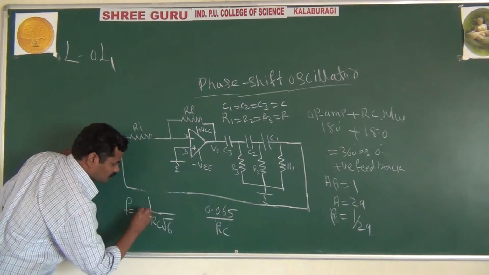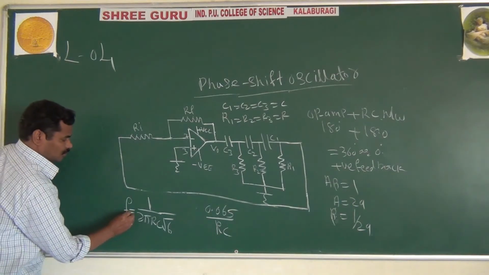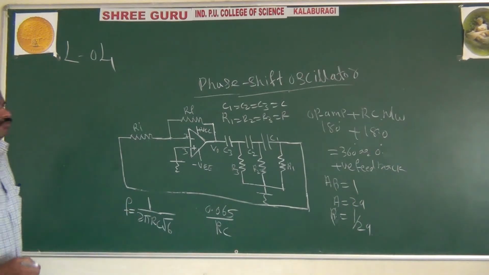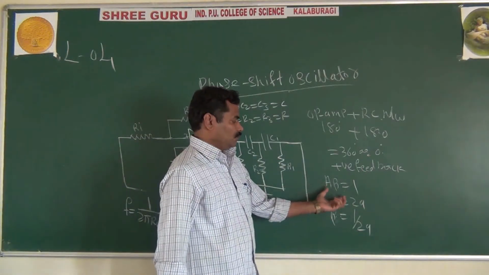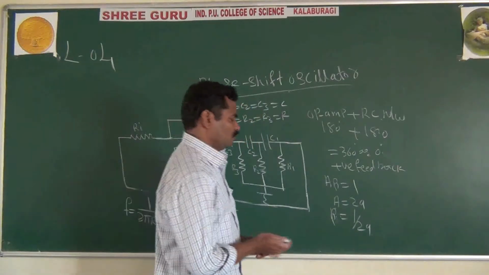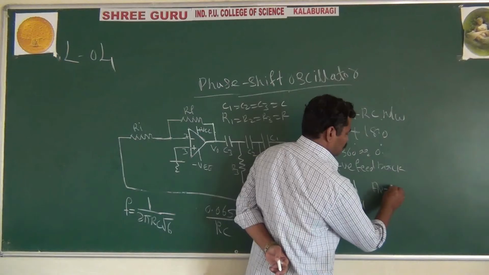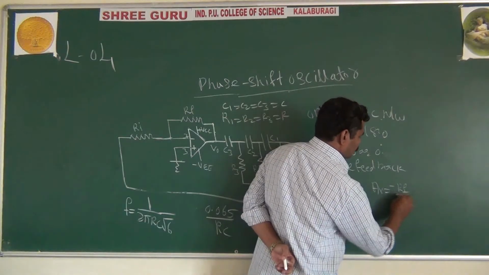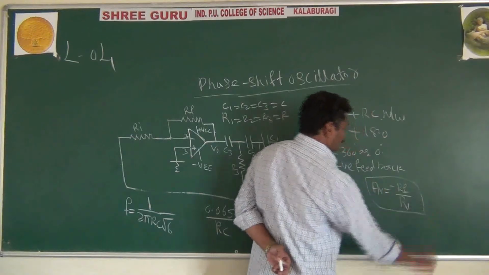This is nothing but the frequency of oscillations, also called the oscillating frequency. And if you want A beta equal to 1, A is equal to 29 and beta is equal to 1 by 29, and as usual A, the voltage gain here, is equal to minus RF by R. Already you know the formula here.